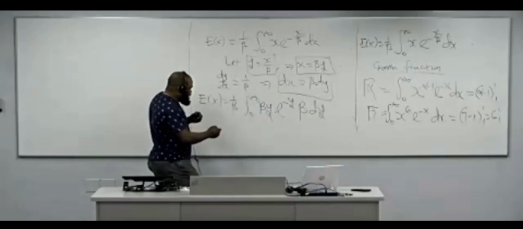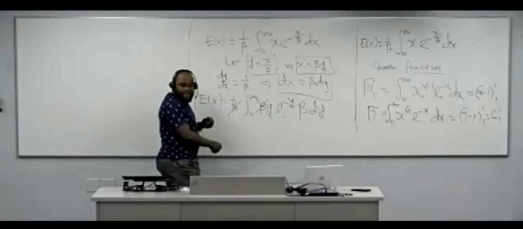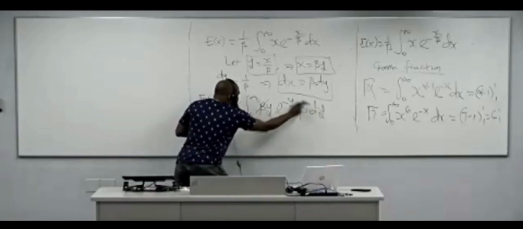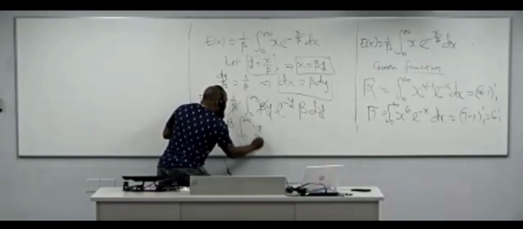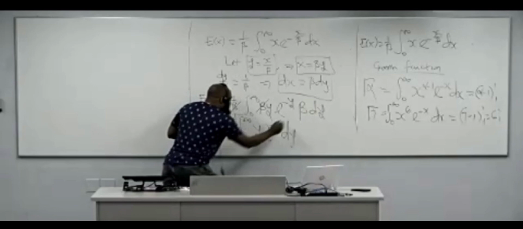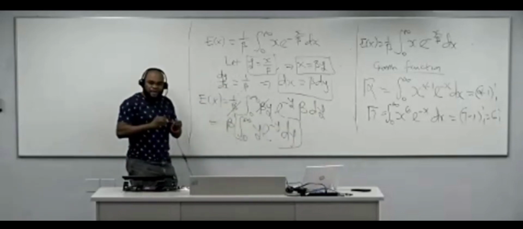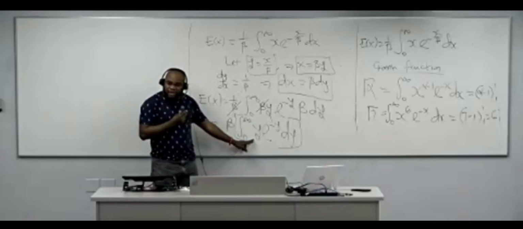Now this cancels this, and if you cancel that, there's a beta here. I'm going to write beta times the integral from 0 to infinity of y times the exponential raised to the power of this. Oh my God. Take a look at the part in the parentheses now. This is a gamma function. What kind of gamma can we call this?